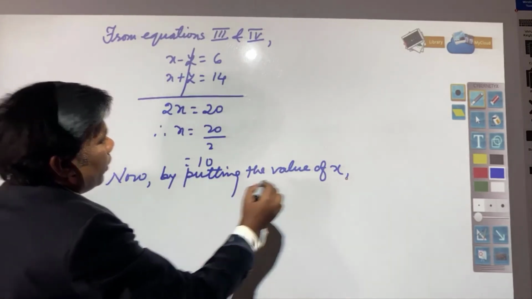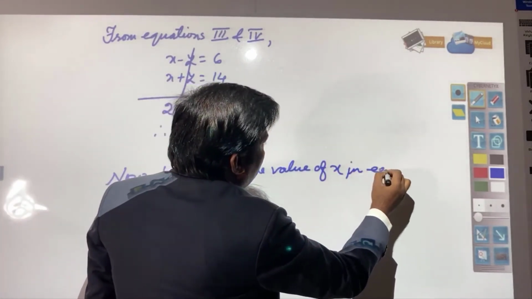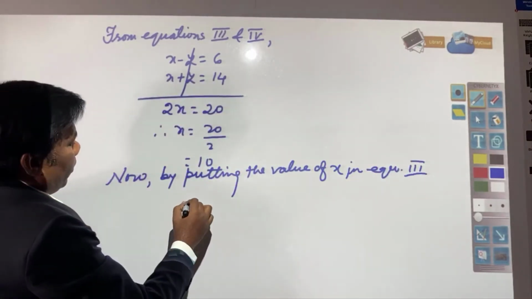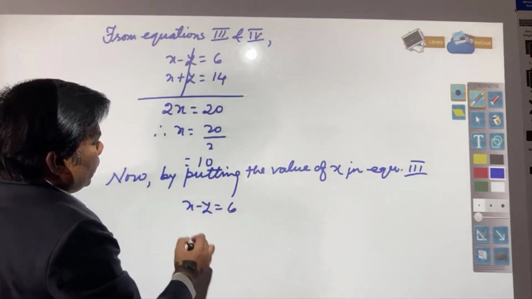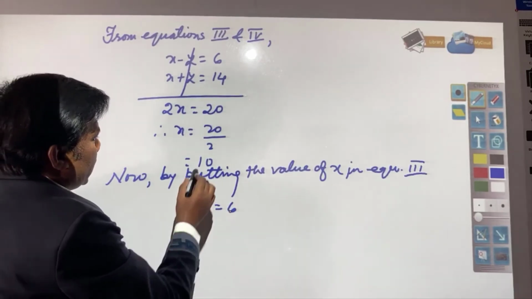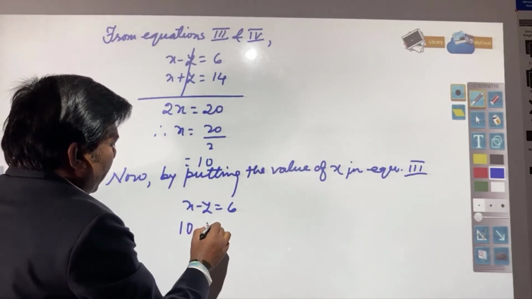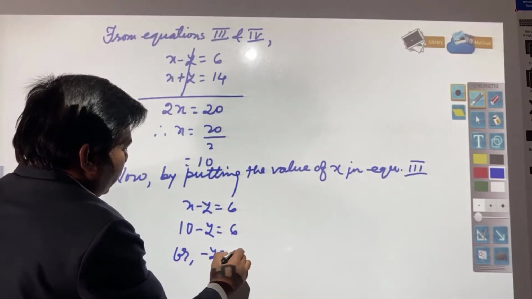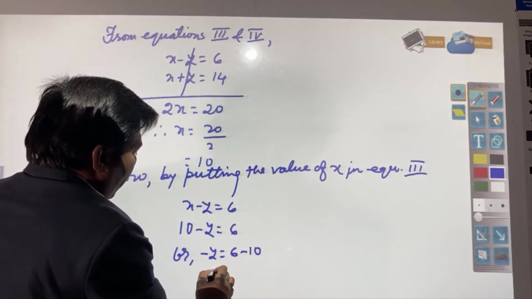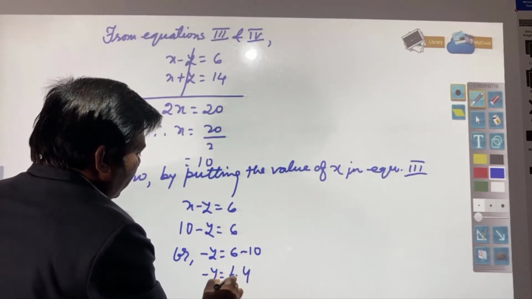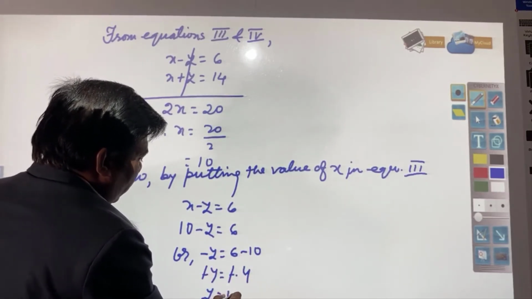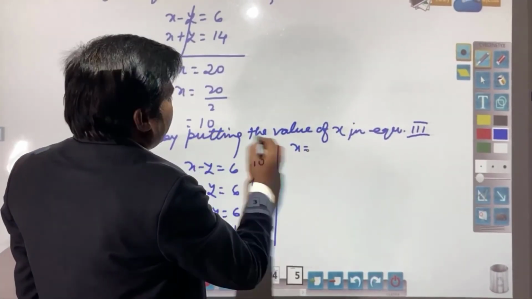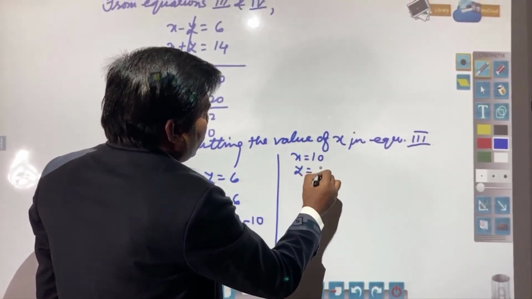Suppose the third: x minus y is equal to 6. Put x is equal to 10. 10 minus y is equal to 6, or minus y is equal to 6 minus 10, or minus y is equal to minus 4. It means y is equal to 4.